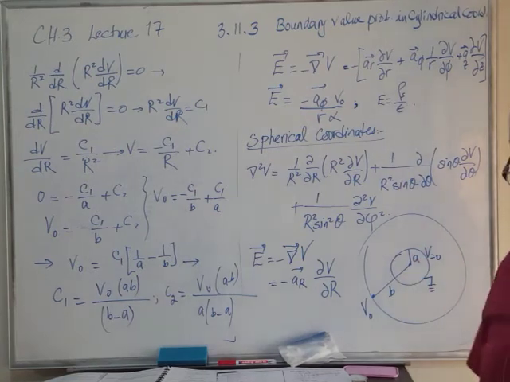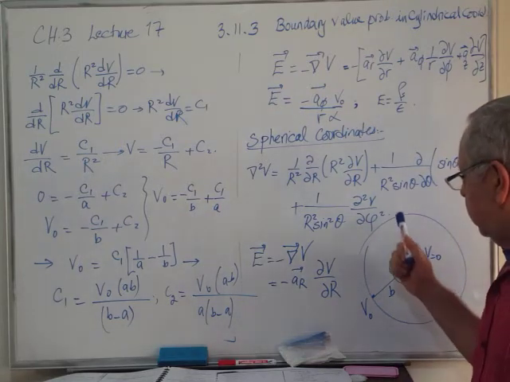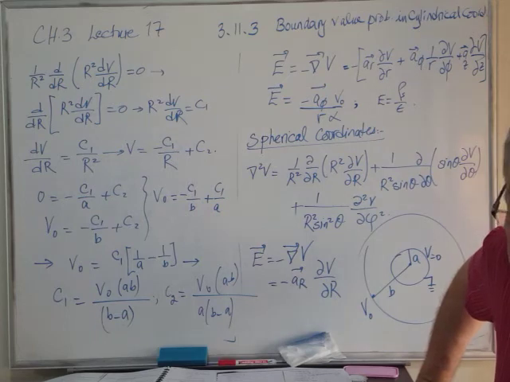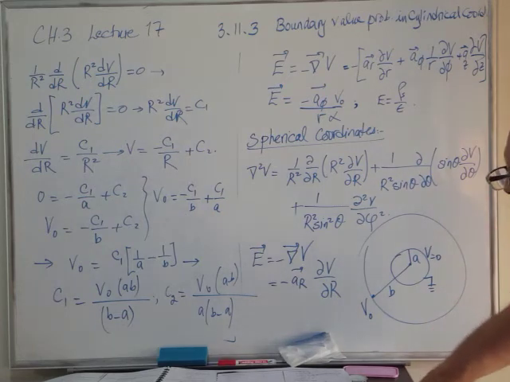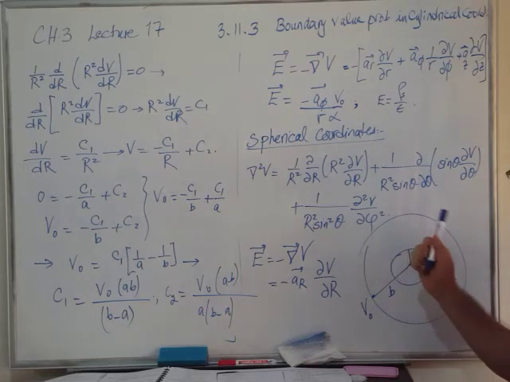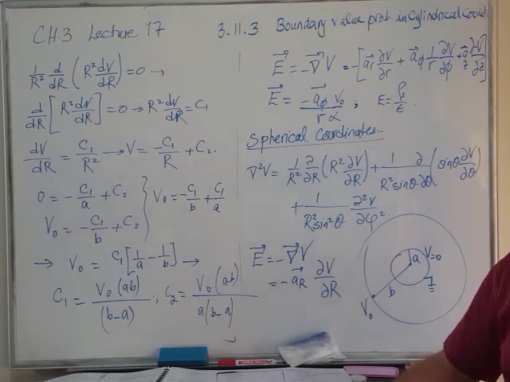You can find E. After finding E, once again, you can find the surface charge density on the inner and the outer conductors. Do you expect them to be the same? Definitely not. You will expect to find a higher charge density at the lower one and a smaller charge density at the upper one.